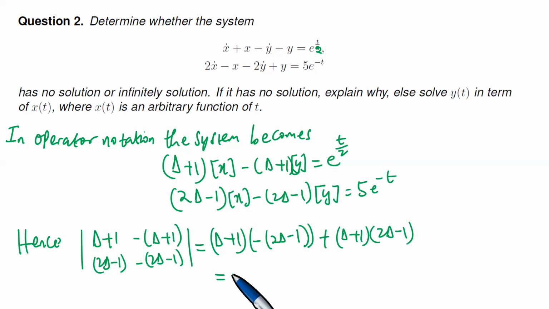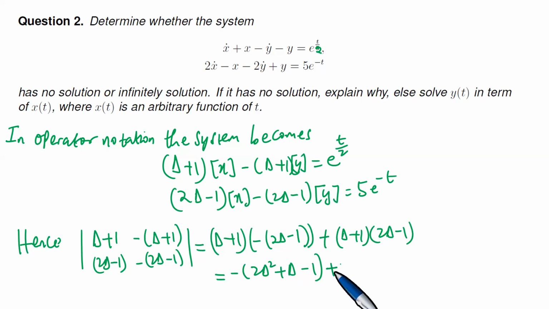Right. Minus, this is 2D squared. Minus, figure it out, 2D squared minus D. Minus D and 2D will give us a D, and this would give us a minus 1.